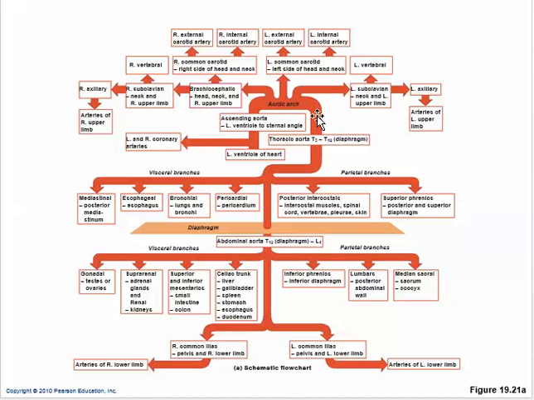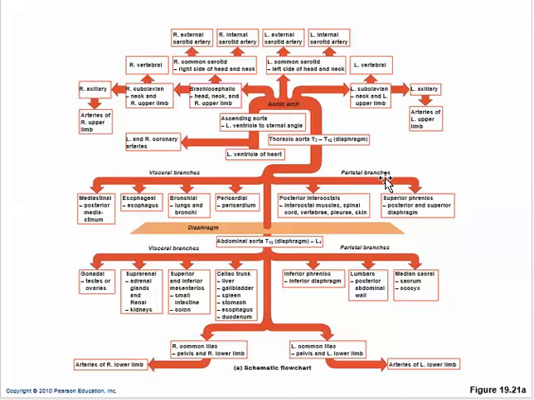Then there are branches all off of the thorax that basically go to two places. The organs of the chest cavity, the thorax, so that would be the mediastinal, the esophageal, the bronchial, which is not the pulmonary, it's the one that feeds the interstitium of the lungs, and the pericardium, which is all the organs that you find in the thorax.